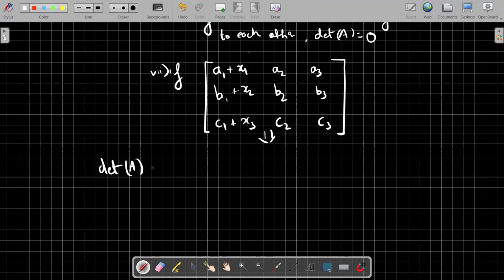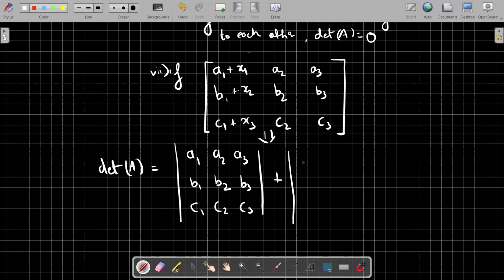the determinant of this matrix, det A, will be equal to the determinant of a1, a2, a3, b1, b2, b3, c1, c2, c3, plus the determinant of x1, x2, x3, a2, a3, b2, b3, c2, c3.